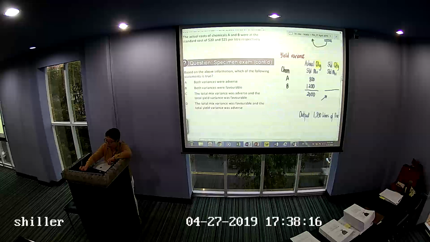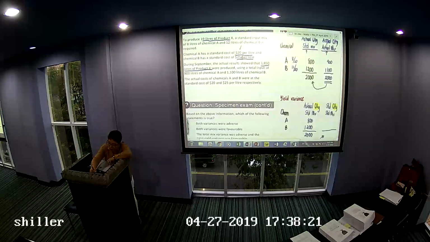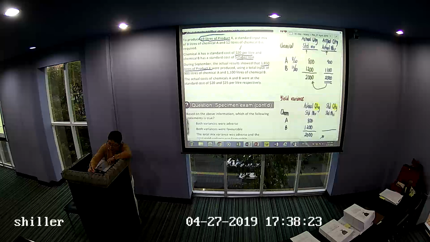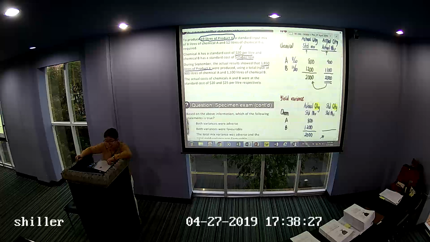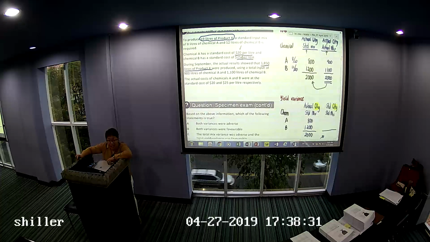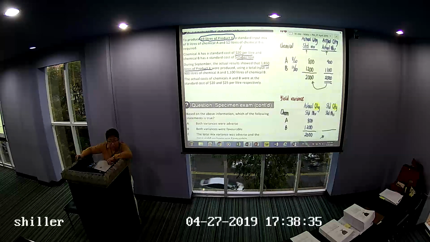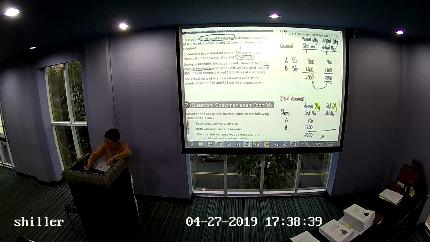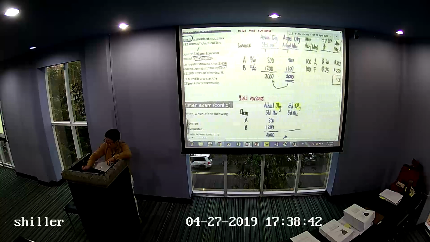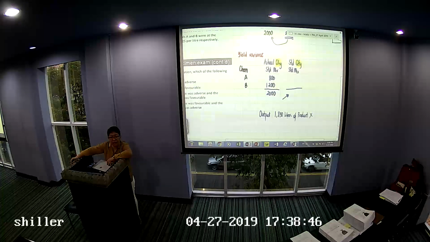It says that for every 19 liters of X, they need 8 liters of A and 12 liters of B. Which means, how many 19 liters is 1,850 liters?